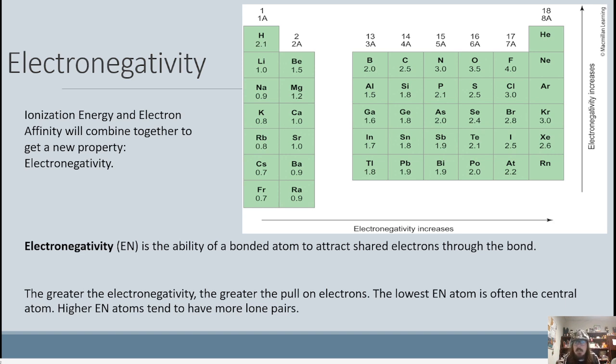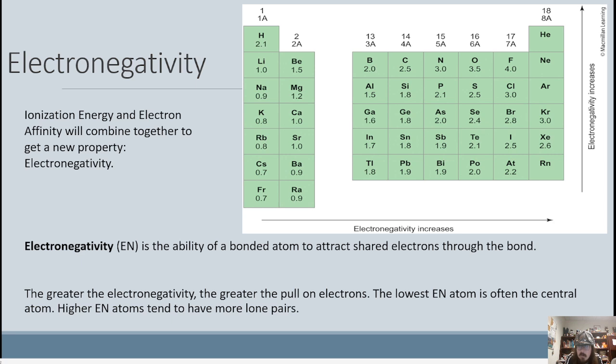So typically electronegativity increases as we go up and to the right. One thing to note is some of the early noble gases will not have electronegativity. They will not like to make bonds. But krypton and xenon can make bonds. Are they particularly good at it? No. But they can.